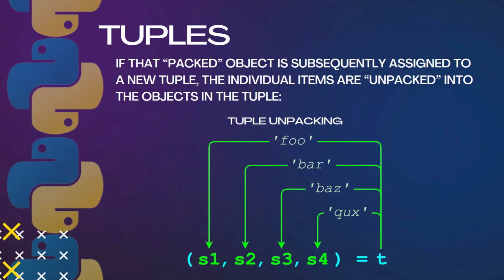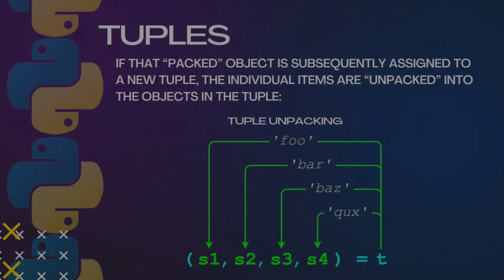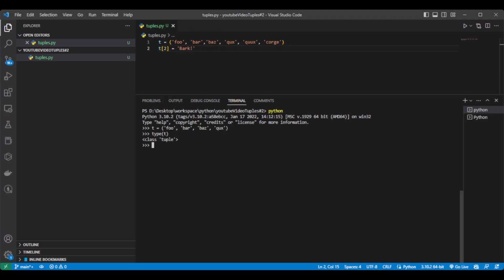And let us go to the VS Code and try to do this line of code over here. Let us put 4 elements on this side, elements s1, comma s2, comma s3, comma s4. Close the parentheses and assign to the tuple.